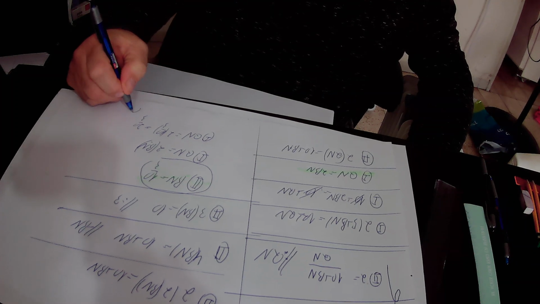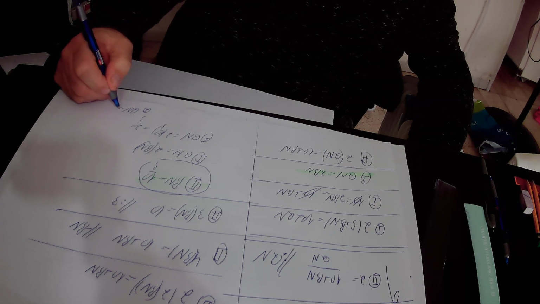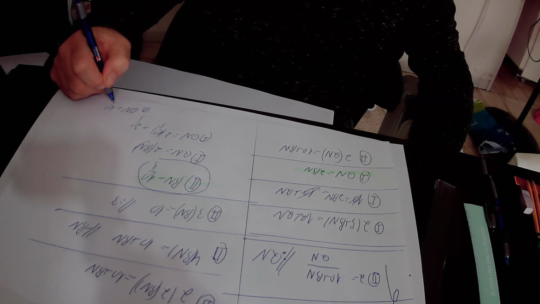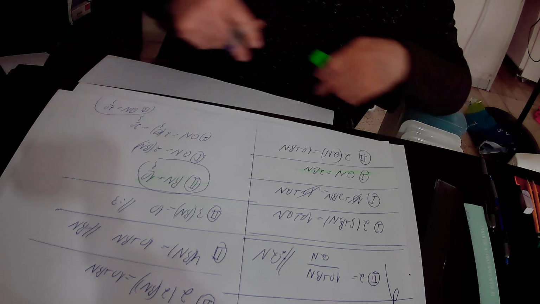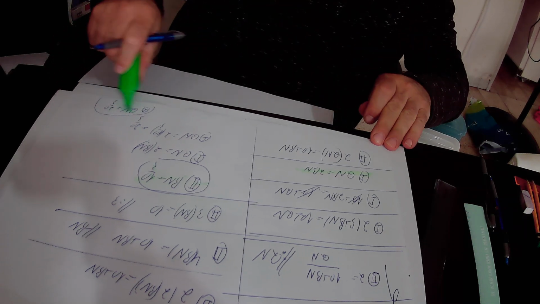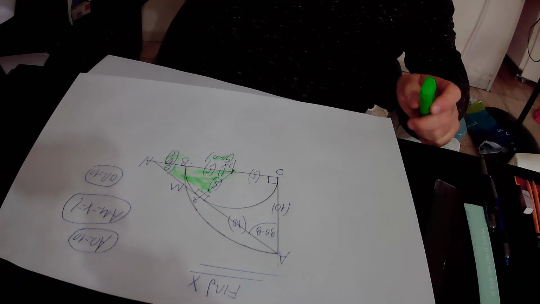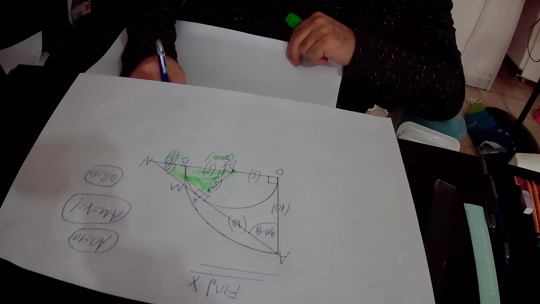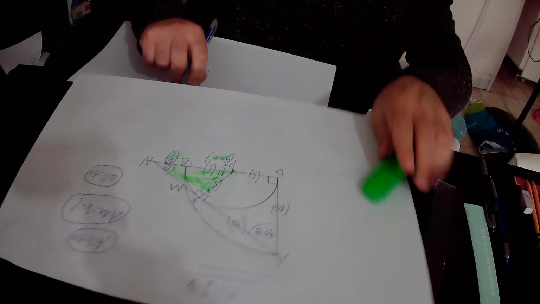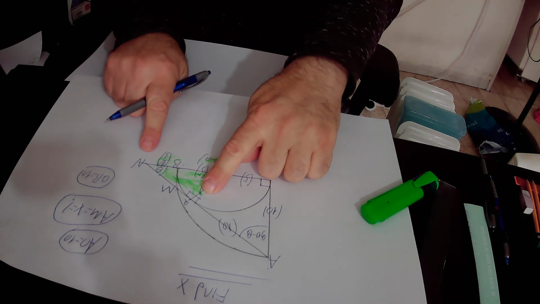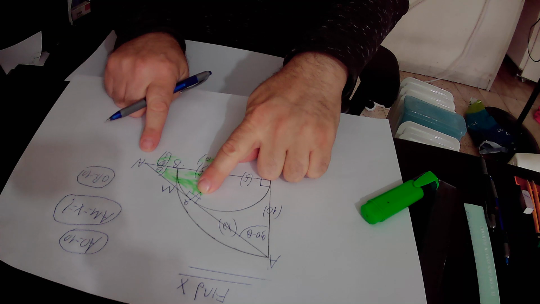So in conclusion, we found out that Qn equals 20 over 3 units in its length. This line segment Qn equals 20 over 3 units in its length.